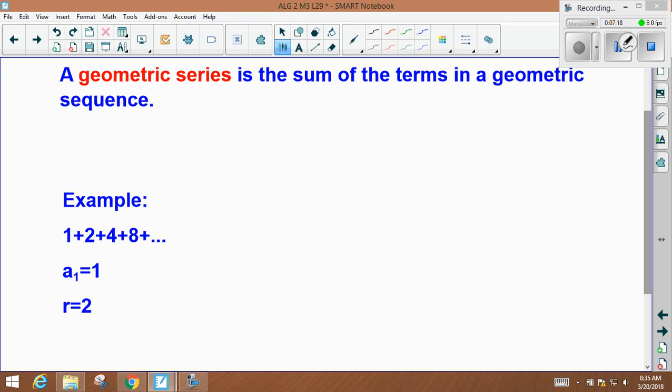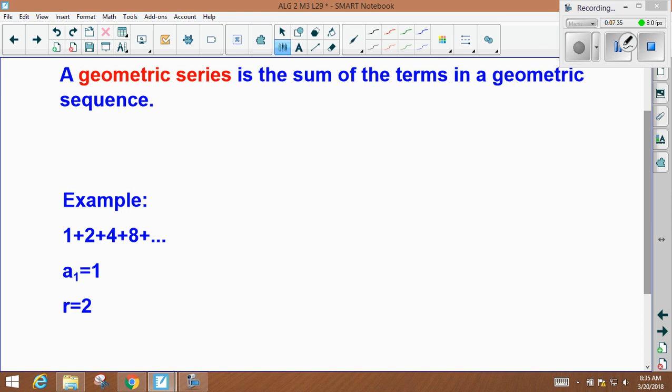So in other words, we have arithmetic series and geometric series, and arithmetic and geometric sequences, right? Arithmetic, we're just constantly adding something, but it was a list of numbers.